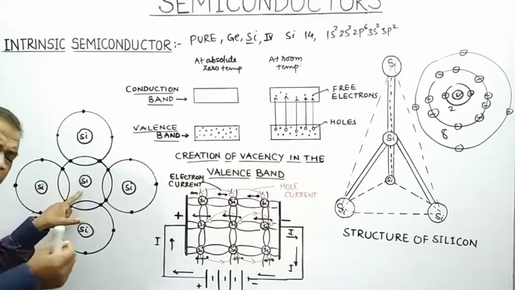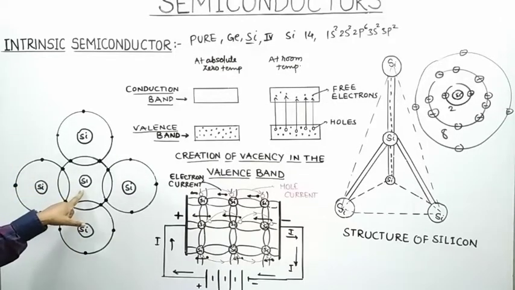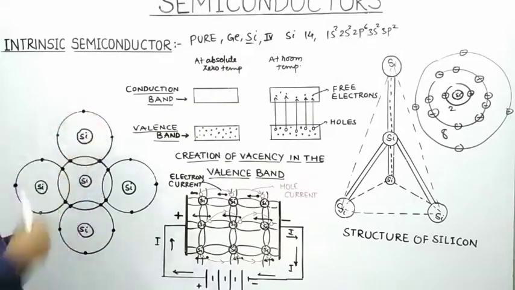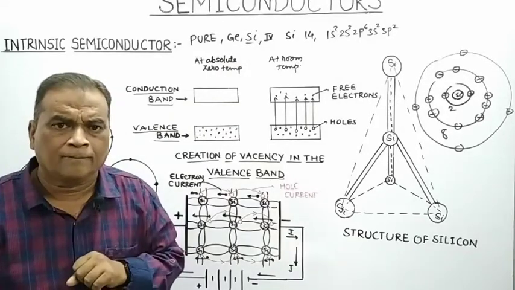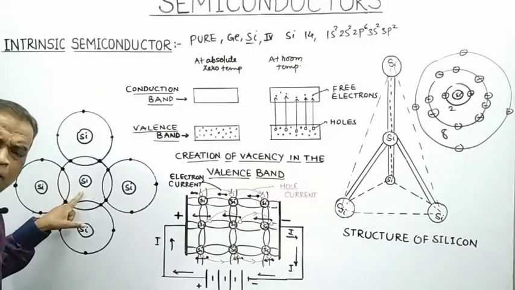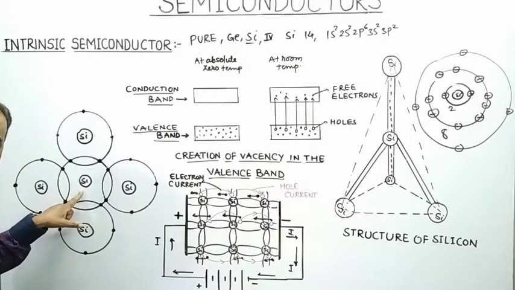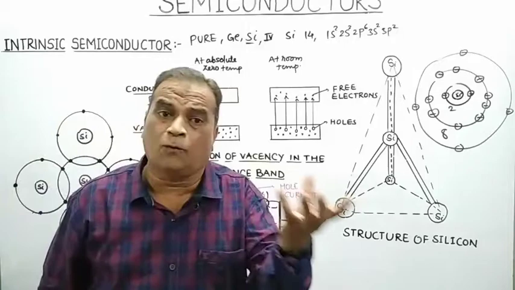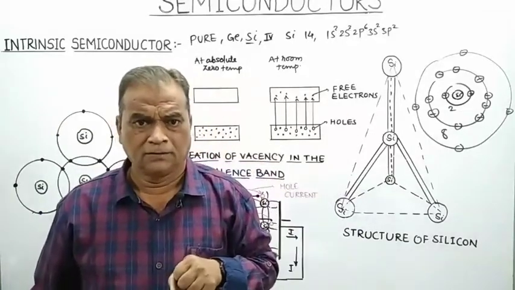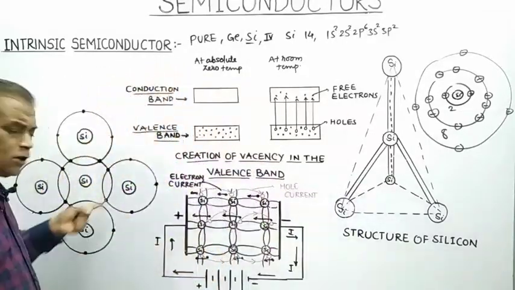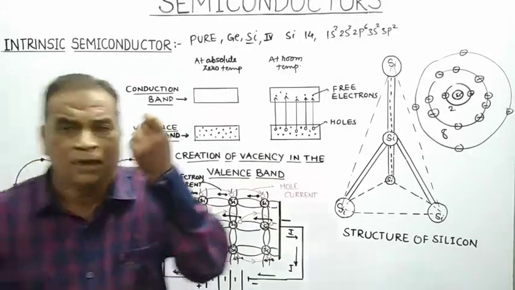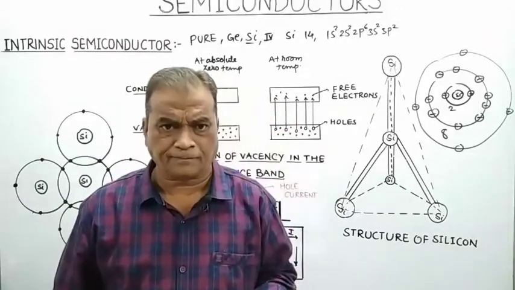Every silicon atom has 4 electrons in its outermost orbit. For stable electronic configuration, every silicon atom needs 4 more electrons. Then only the electrons in the outermost orbit of silicon will become 8, and that silicon atom will become the most stable particle.